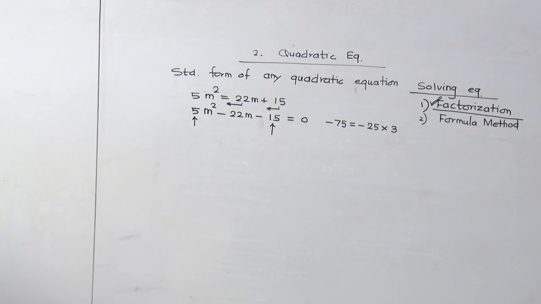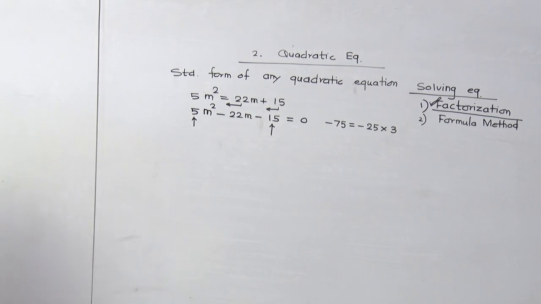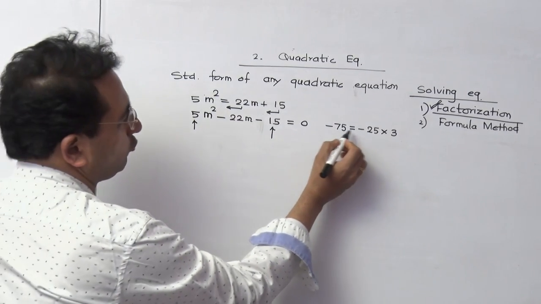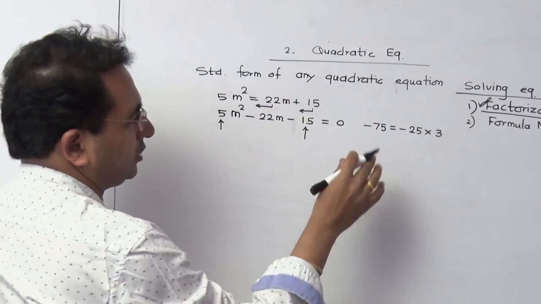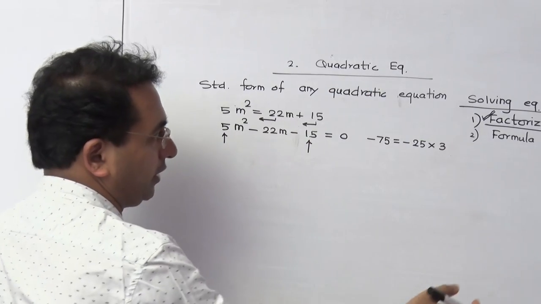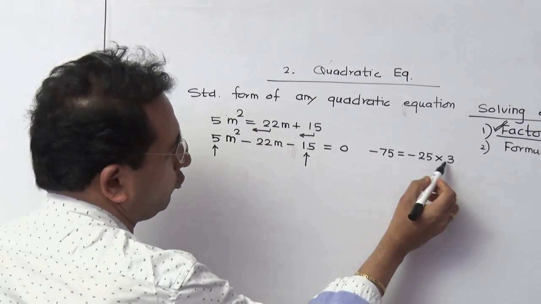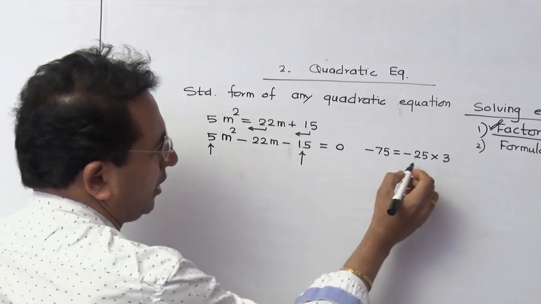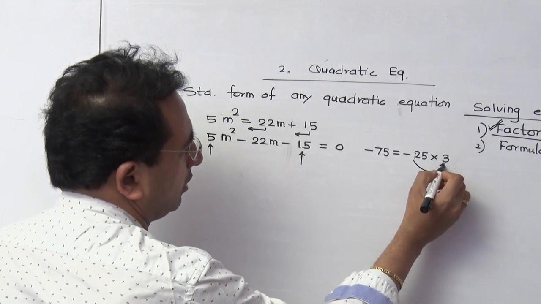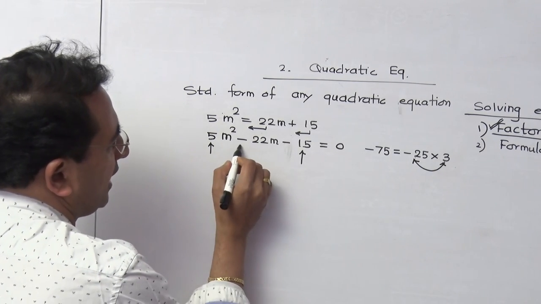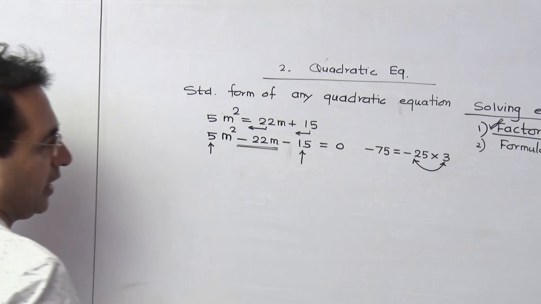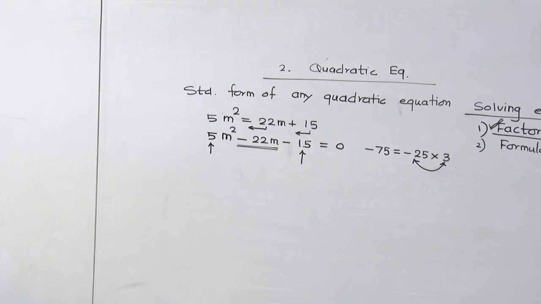This combination is always unique. That means if one student is getting this combination, another student cannot get a different one, because the product should be minus 75, but the addition of these numbers should be minus 22. There is one and only one combination like this.